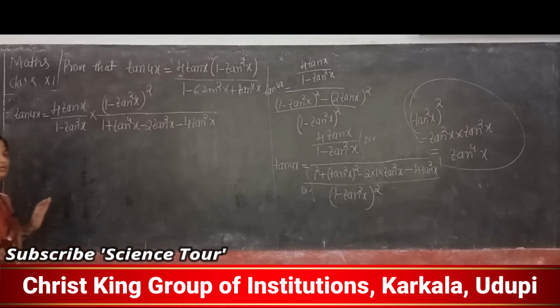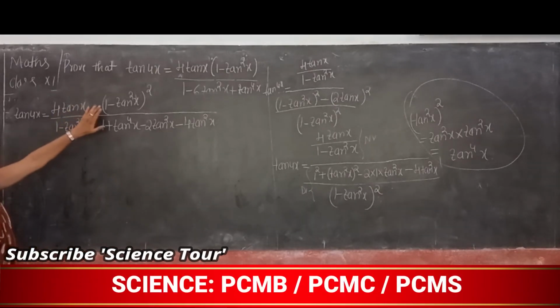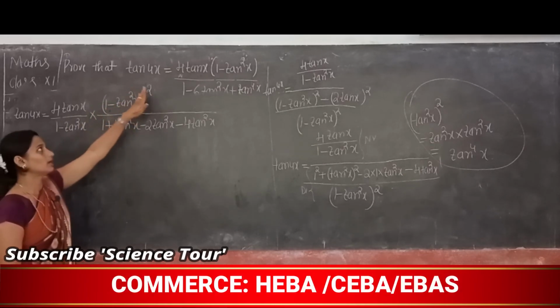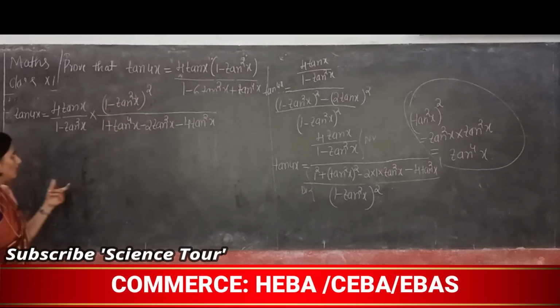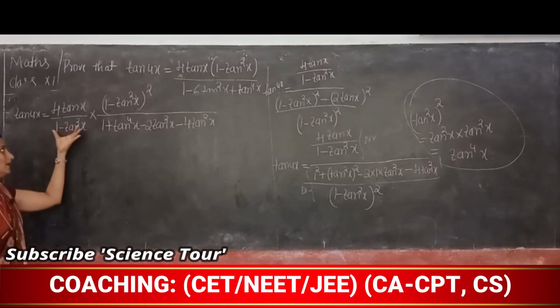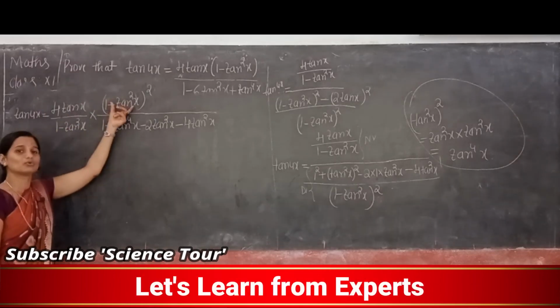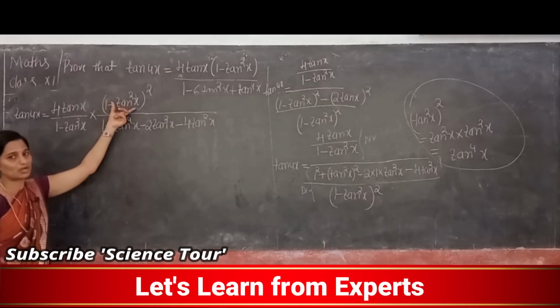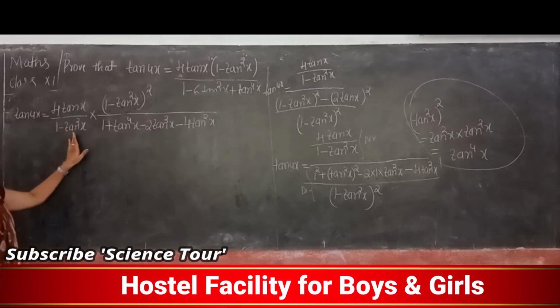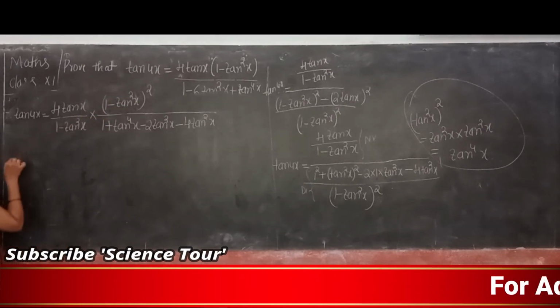So now once we read, 4 tan x into (1 minus tan square x) whole square divided by 1 minus tan square x. See, in the denominator 1 minus tan square x, in the numerator also 1 minus tan square x. Can you cancel this one? Yes, but here it is whole square, means 1 will get cancelled.